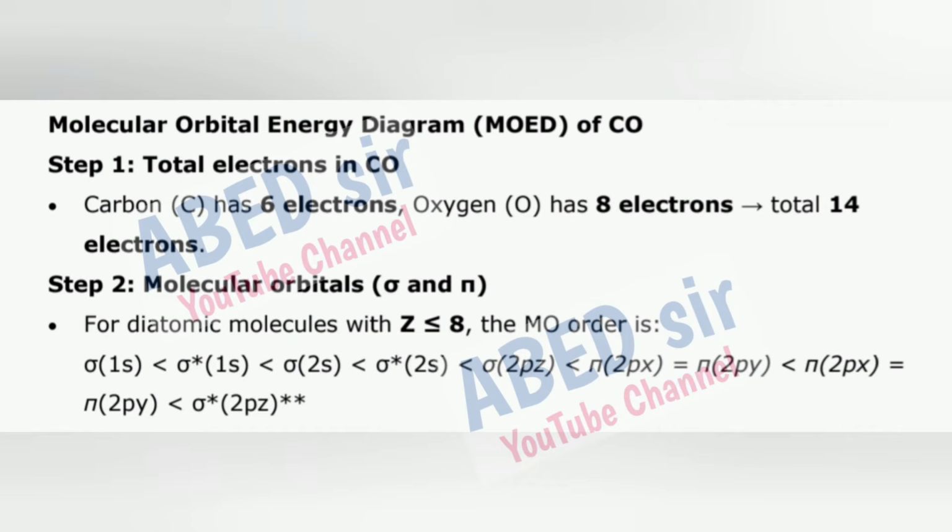Step 2: molecular orbitals, sigma and pi. For diatomic molecules with Z less than or equal to 8, the MO order is sigma 1s, sigma asterisk 1s, sigma 2s, sigma asterisk 2s, pi 2px equal to pi 2py, sigma 2pz.